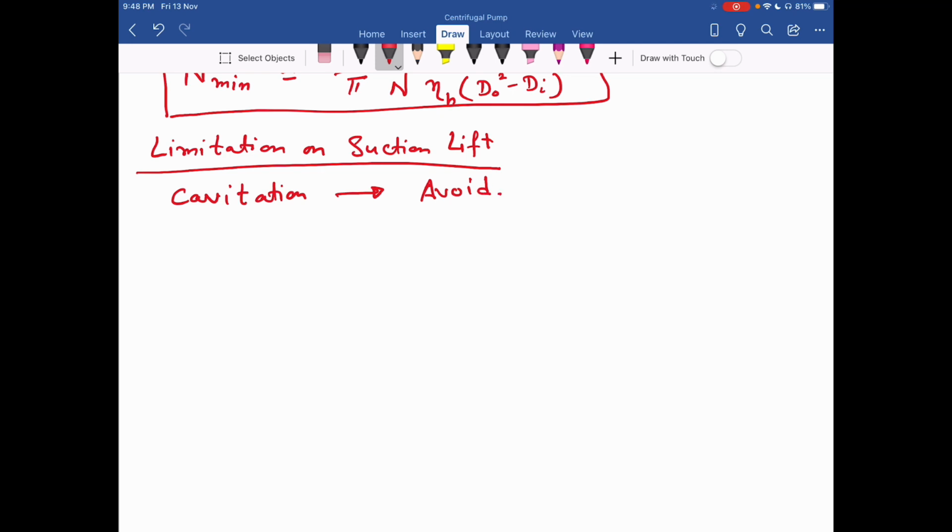Now we have to avoid this cavitation in the centrifugal pump. Therefore, it is necessary that the pump is fitted at such a height that the absolute pressure at the eye of the impeller does not fall below the vapor pressure of the liquid.